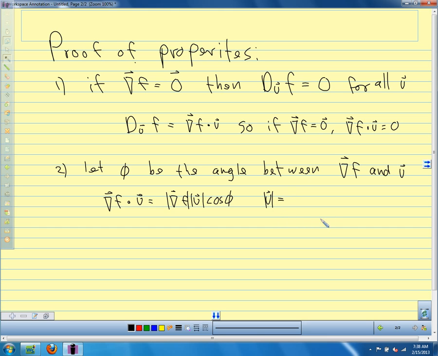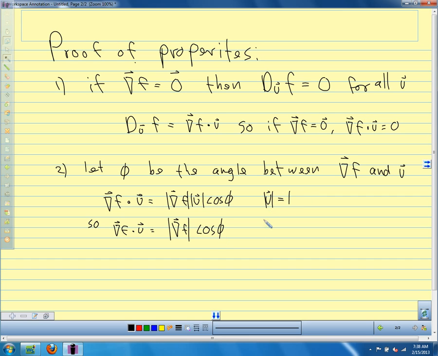So del f dot u is just the magnitude of del f times the cosine of phi. Well, what is cosine? Cosine of phi is going to vary between what two values? Negative 1 and 1.